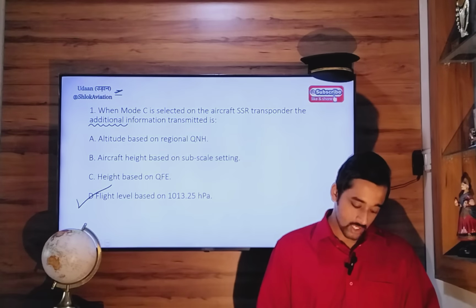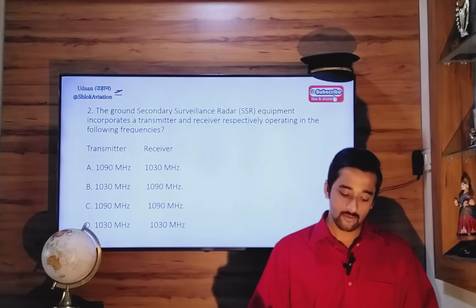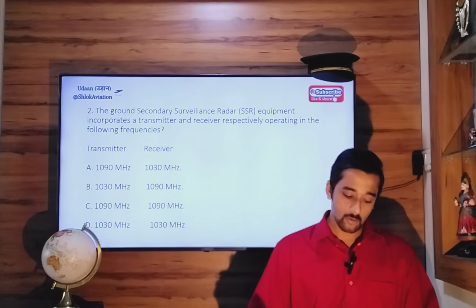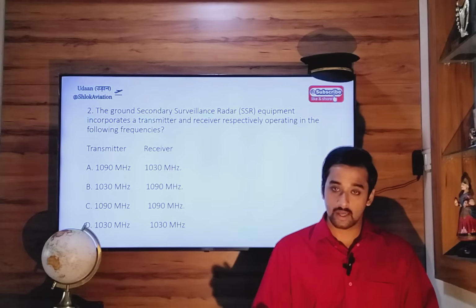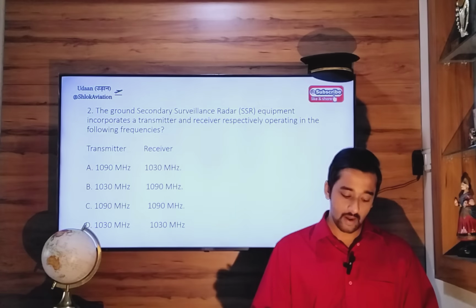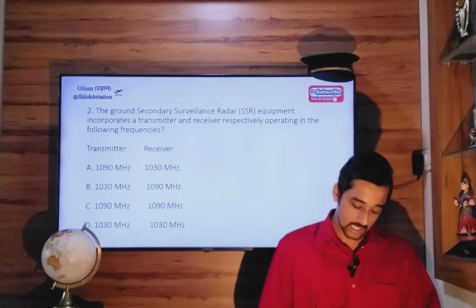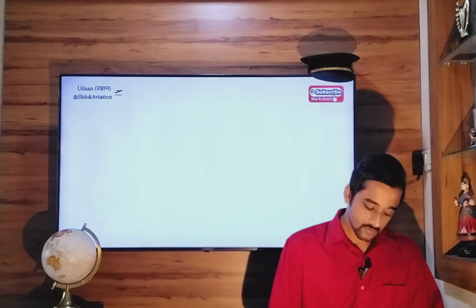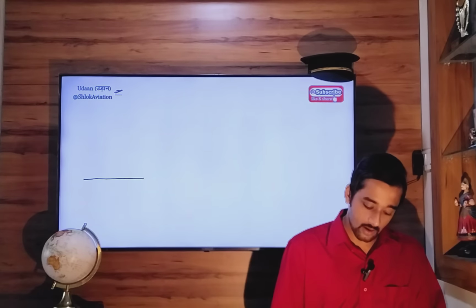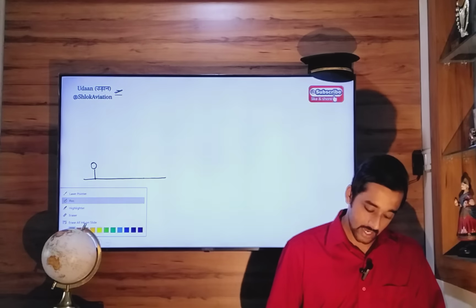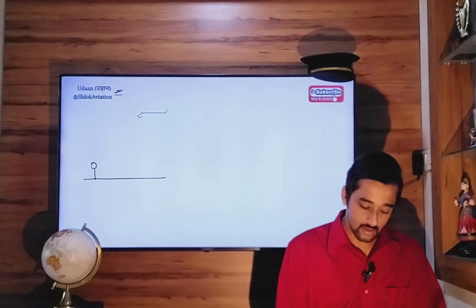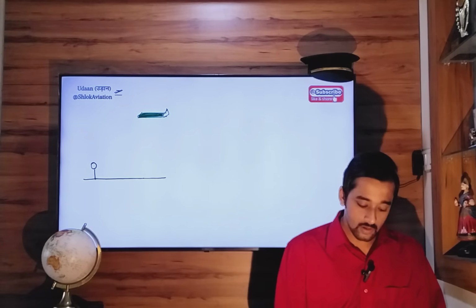Remember. Question 2. Ground secondary surveillance radar equipment incorporates a transmitter and receiver respectively, operating in what band, operating on what frequencies. So remember this. Let's say this is your ground station or secondary radar situated on the ground. Here is your aircraft. Now secondary surveillance radar operates on two different frequencies.